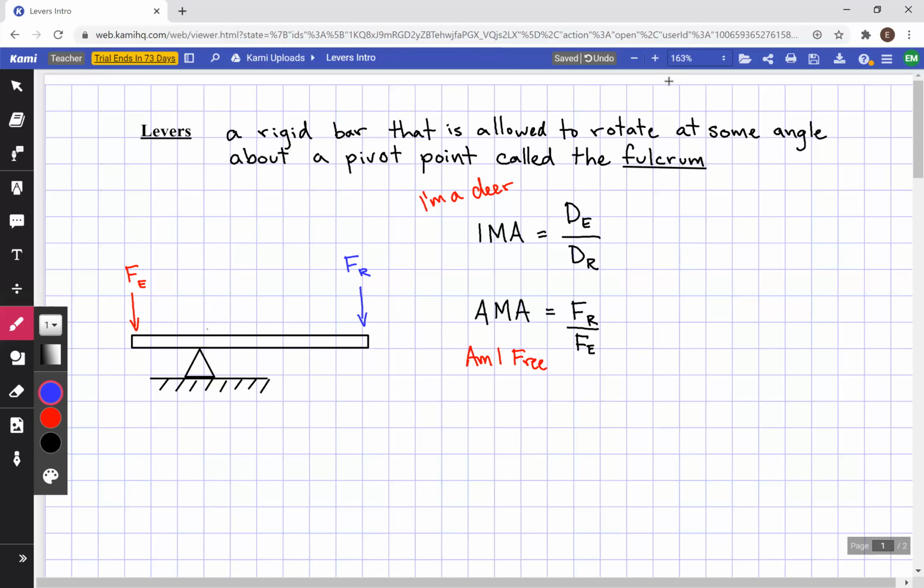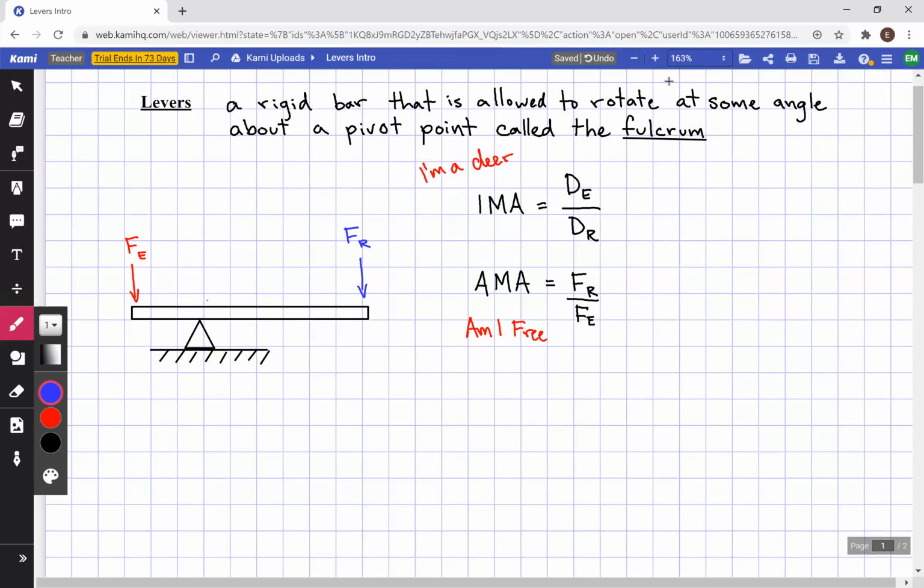So I'm going to use resistance and load interchangeably as we go through this. Just know it's the same thing. Now, the actual mechanical advantage will be pretty easy to calculate here. We just use the ratio of the two forces. The ideal mechanical advantage, we have to look at what would happen if just one of those forces were acting.